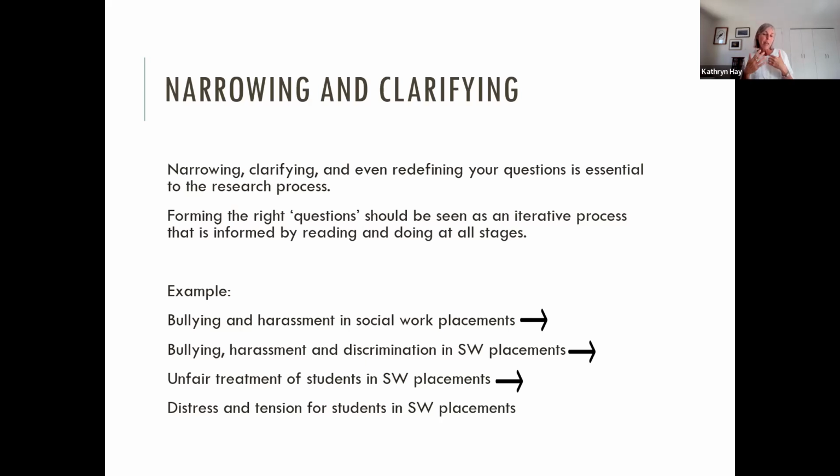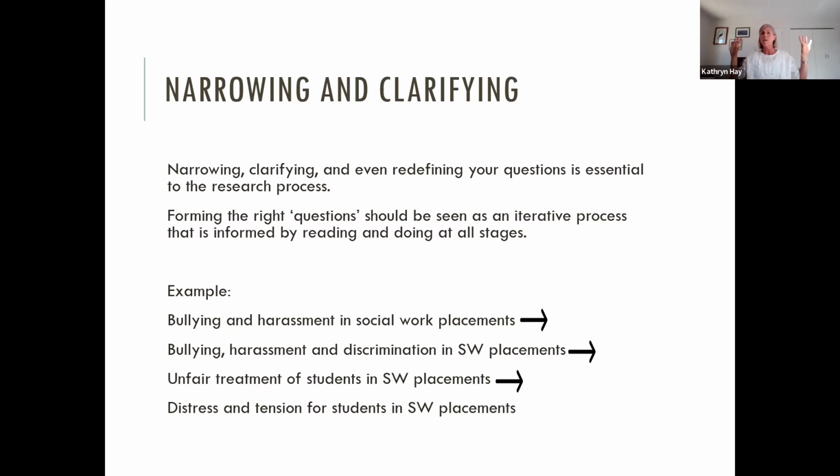And then as we kept reading, and also as we started developing our ethics application in our survey tool, we changed that terminology again, and the last one is what we've settled on, which is about distress and tension for students in social work placements.